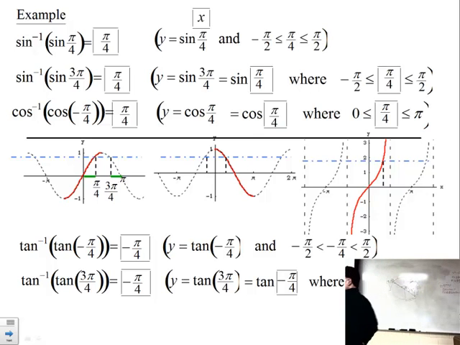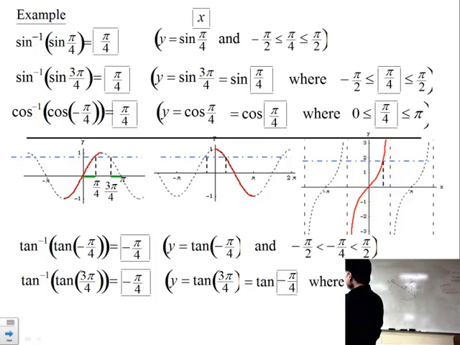Tangent of minus pi over 4. You take the tangent of that and the tangent inverse, then you get back minus pi over 4 exactly. Why? Because minus pi over 4 is already in that official interval. It's in quadrant 1 or quadrant 4. So you get back the actual answer.